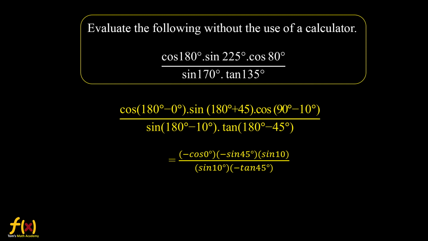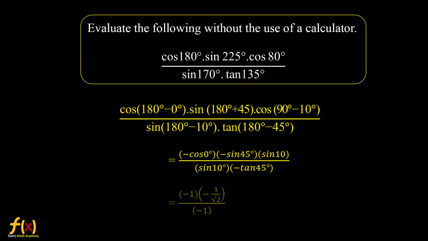Remember 90, so we have to be very careful. Cos 90 minus becomes sine 10. Denominator, sine 180 minus 10, second quadrant, sine is positive, so we get sine 10. And last term, 180 minus 45, second quadrant, but tan is negative. Now look at the numerator, sine 10 is there. Denominator sine 10, they are cancelled.